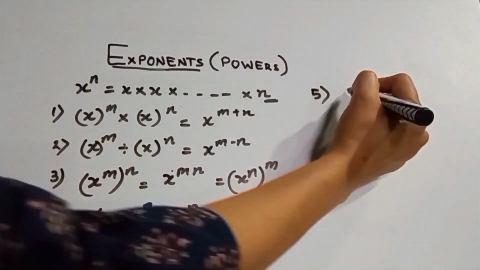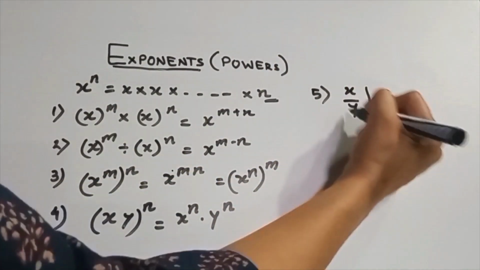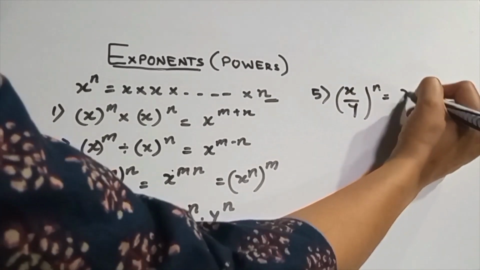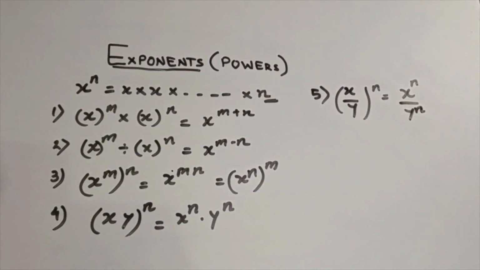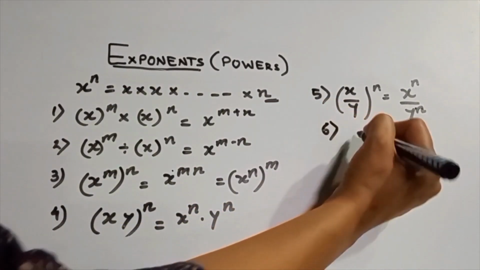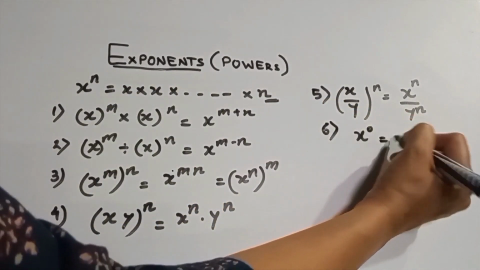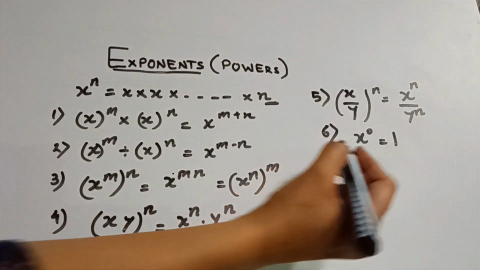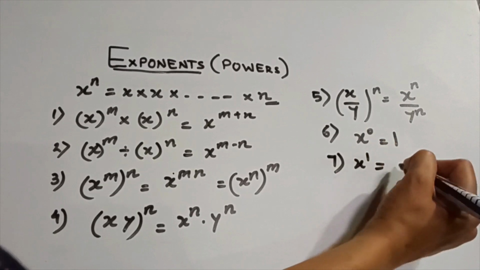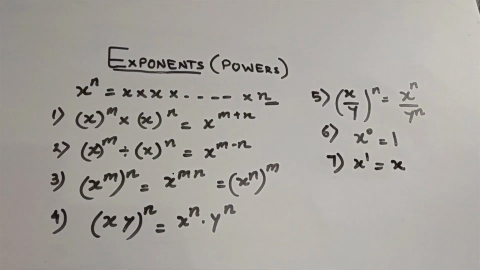Fifth one is x upon y raised to n. It means x to the power n upon y to the power n. Sixth one is x raised to 0, which is 1. Seventh one is x to the power 1, which is x. So these are the formulas of exponents.